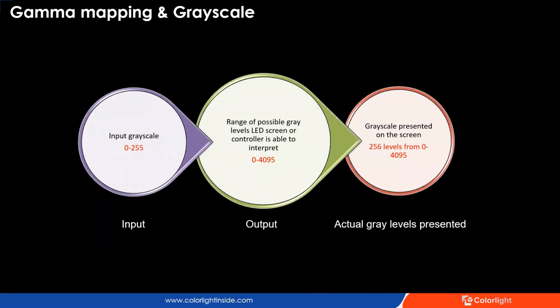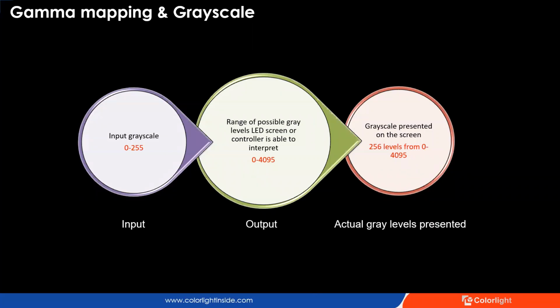If the input grayscale is 8-bit, which is 255 gray levels, and the output grayscale is set to 12-bit, that is 4095 gray levels in the software, the screen can only display 8-bit gray levels eventually because the video source is 8-bit. In conclusion, the higher the grayscale we set, the larger the range of gray levels available to output, and more details of the image can be presented on the screen.